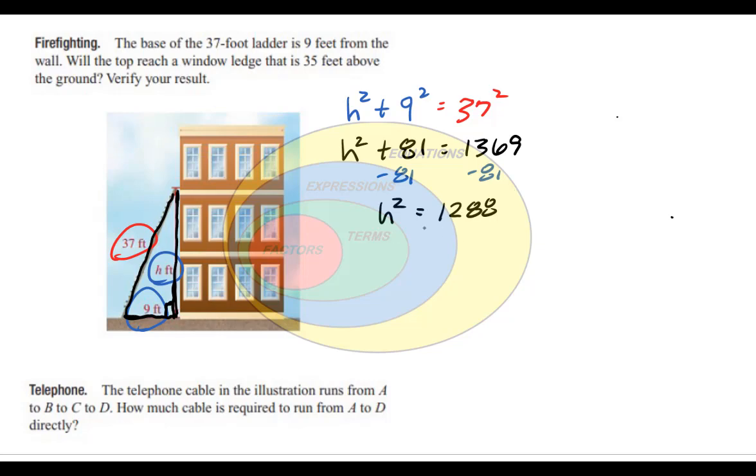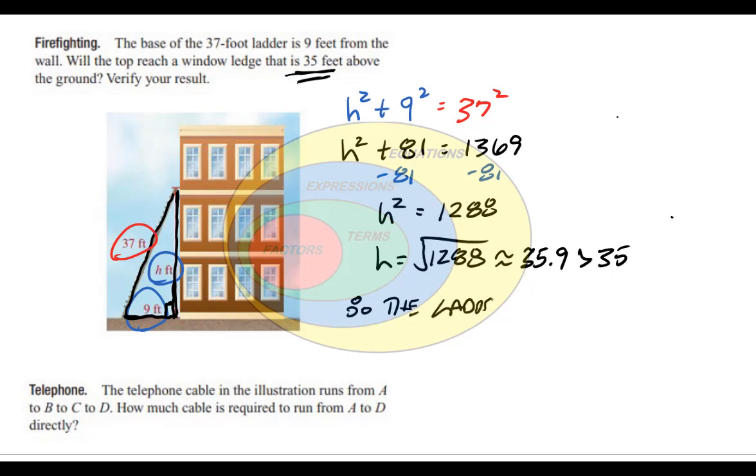Taking the square root of both sides, h equals the square root of 1,288, which is approximately 35.9. We compare it to the window ledge that's 35 feet above ground. Since 35.9 is greater than 35, the ladder will reach the window ledge.